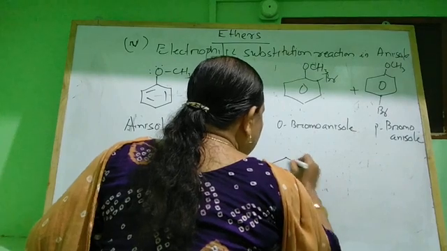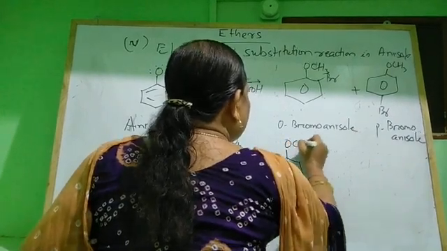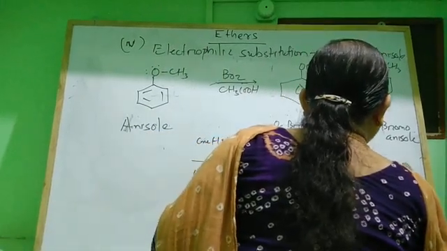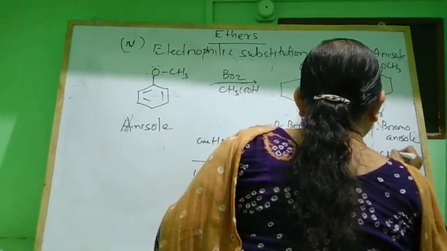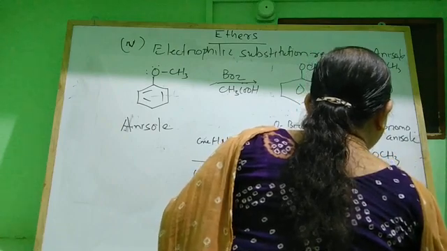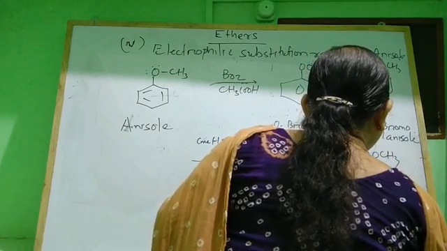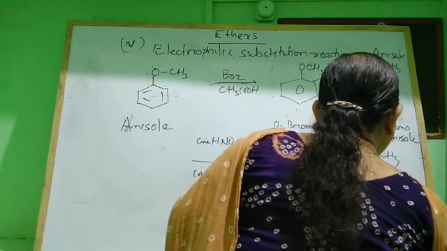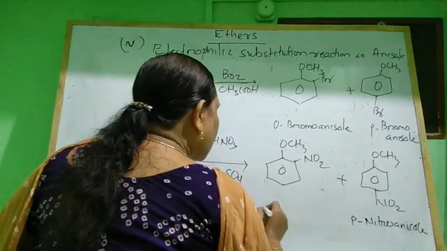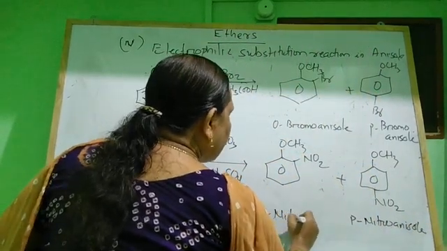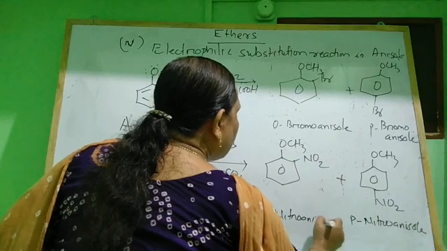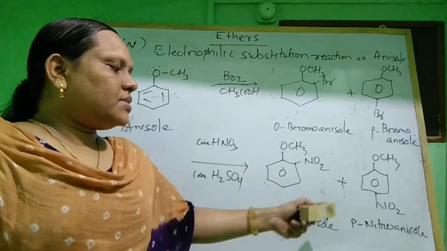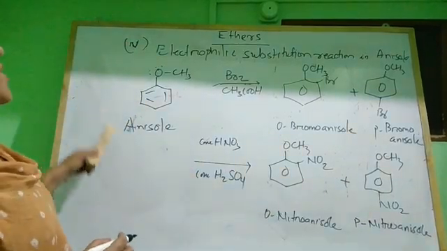So it forms para-nitroanisole and orthonitroanisole, or methoxybenzene. Orthonitromethoxybenzene, para-nitromethoxybenzene also you can say.